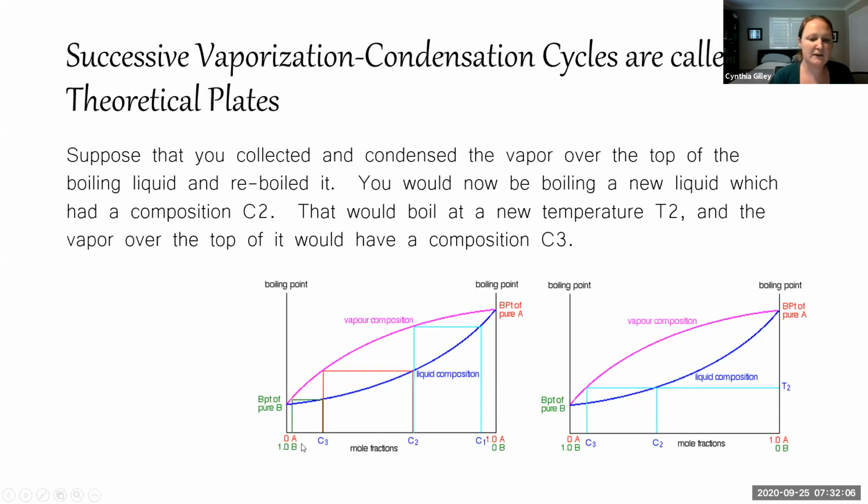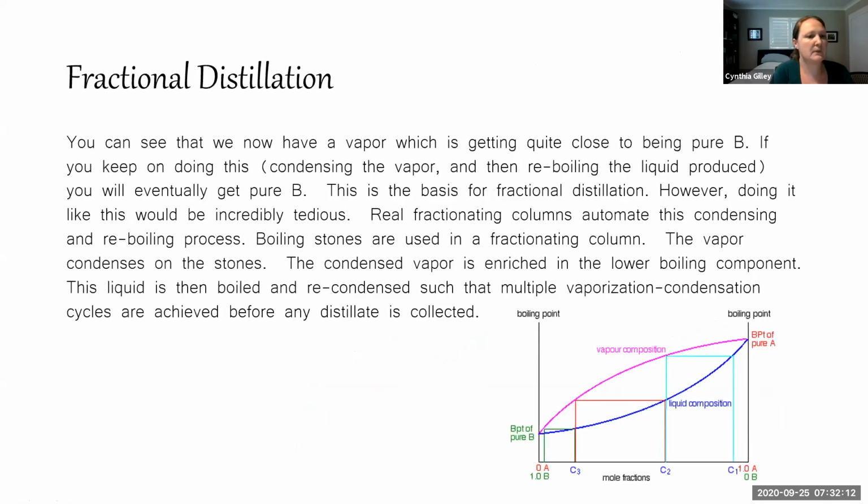And if you do enough of these, eventually you might be able to get to pure B. So you can see now that we have a vapor which is getting quite close to being pure B. If you keep on doing this, basically heating the mixture up, condensing the vapor above the liquid, and then reboiling the liquid produced, you will eventually get pure B. This is the basis for fractional distillation.